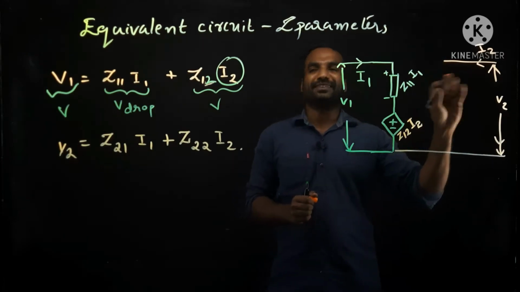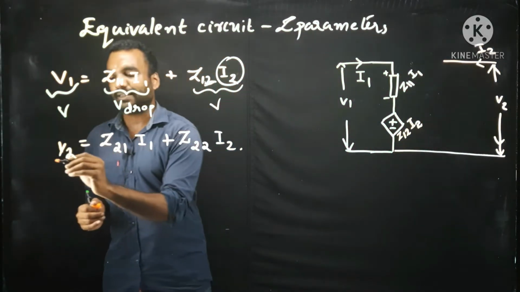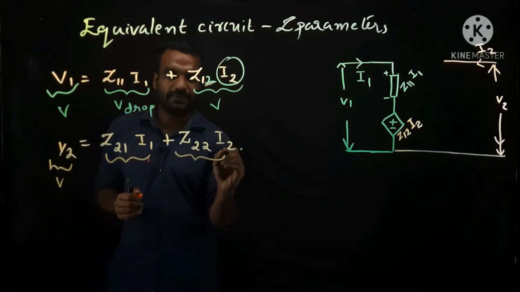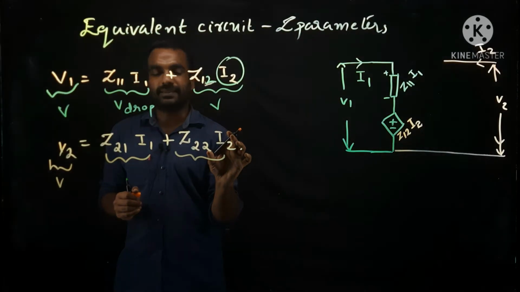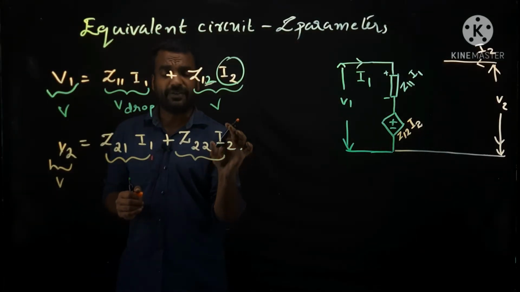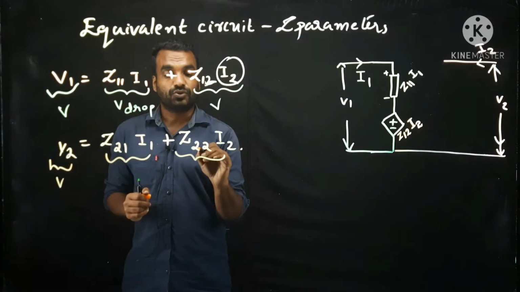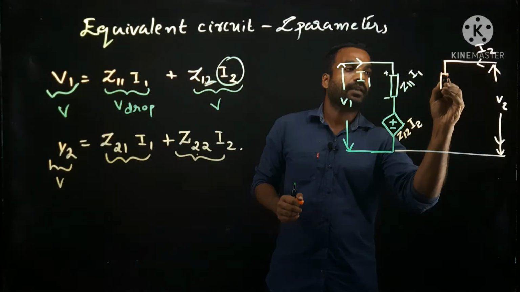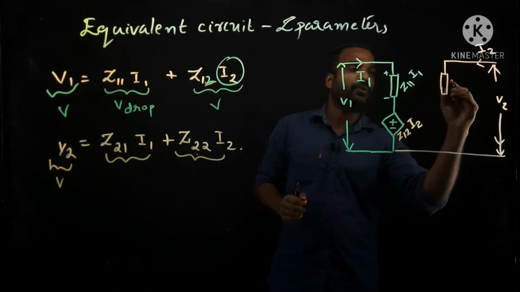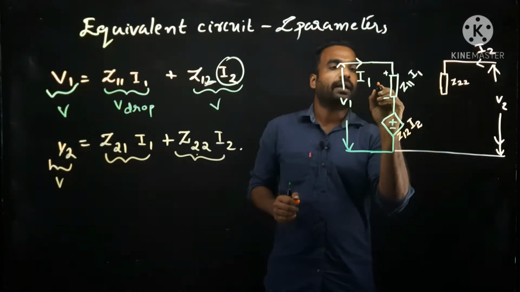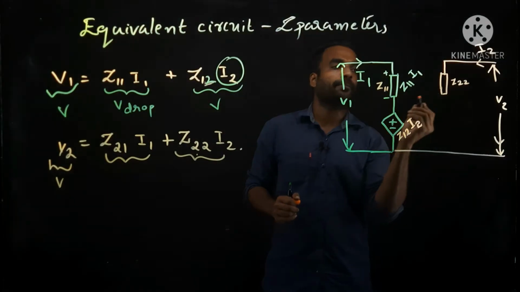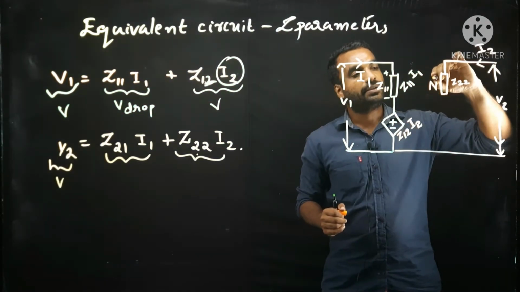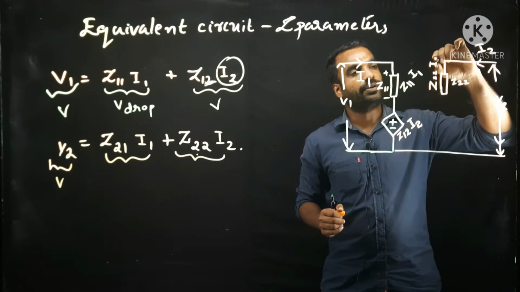So now I am going to this branch. Again the same analysis. The left side is a voltage, the right side is having two components. This component has the current of that branch, I2. So Z22 into I2, that I can represent as an impedance. Its value is Z22, and Z22 into I2 will produce a voltage drop, that is Z22 I2.